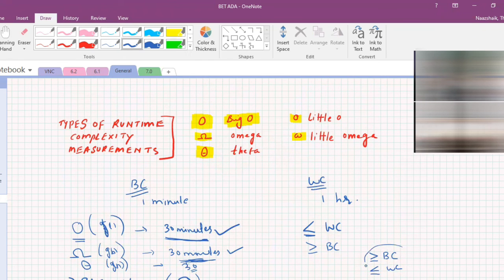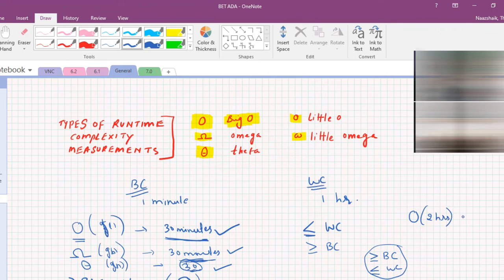So that means it should lie between my best case and worst case. Is it lying between best case and worst case? Yes.